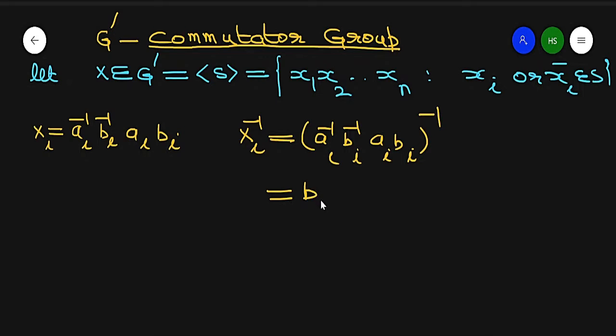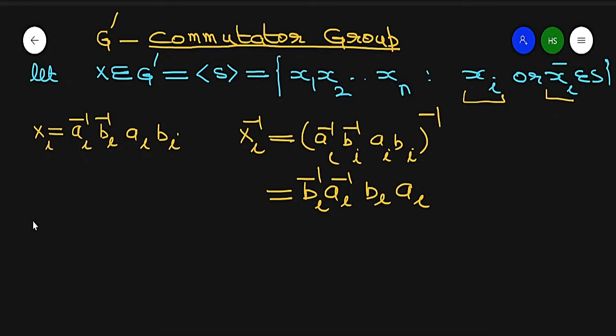So what is its value? bi inverse, ai inverse, bi and ai. So what is it? Again a commutator. So the inverse of any commutator is again a commutator. It means if xi belongs to S, then its inverse belongs to S. If xi inverse belongs to S, then xi belongs to S. So there is no distinction between these two elements.